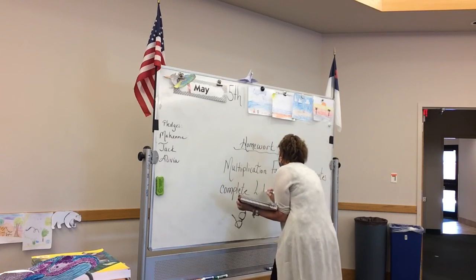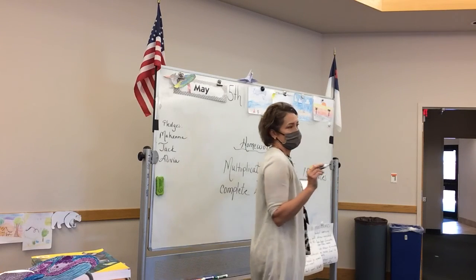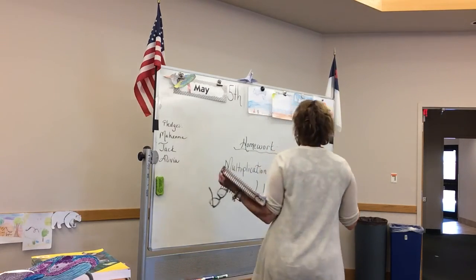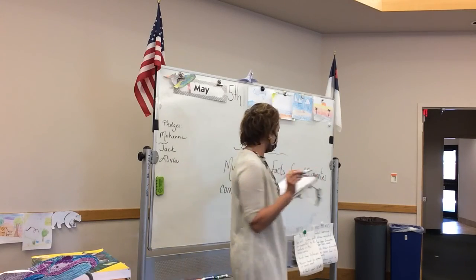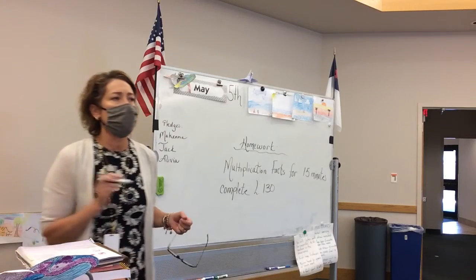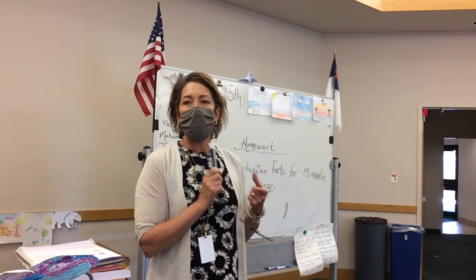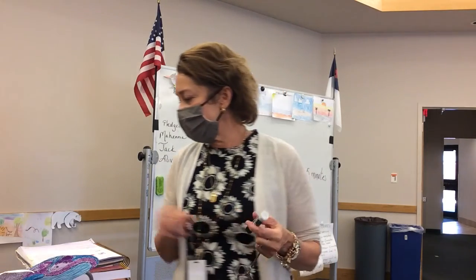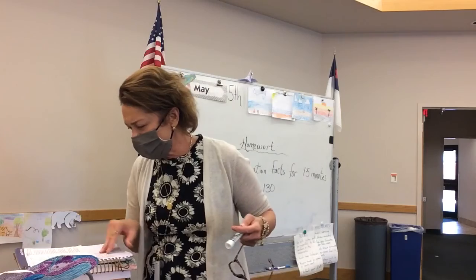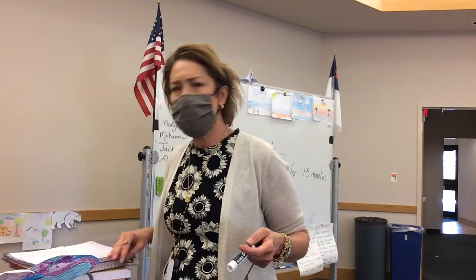We were past 130 a long time ago. So complete lesson 130 and work on your multiplication facts for 15 minutes. Questions? So Cadence, multiplication facts for 15 minutes and finish lesson 130, which is all of 7, and then do the homework as well on the bottom of the page.